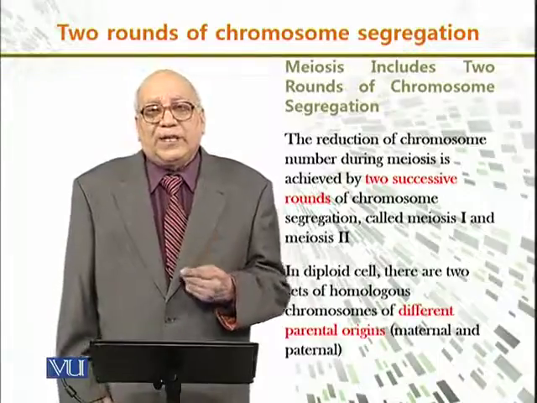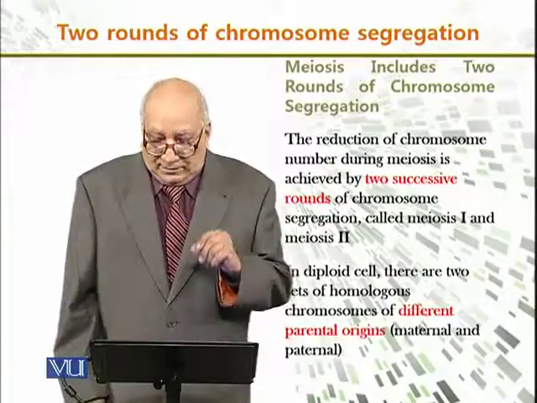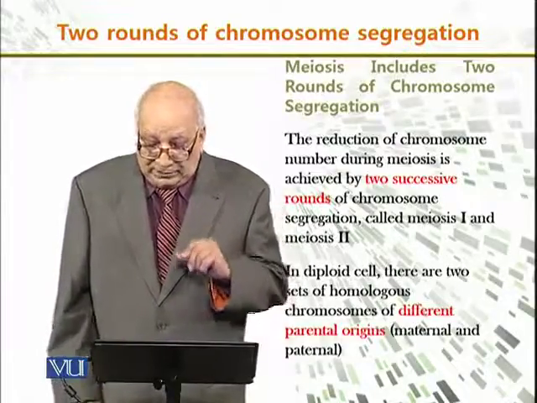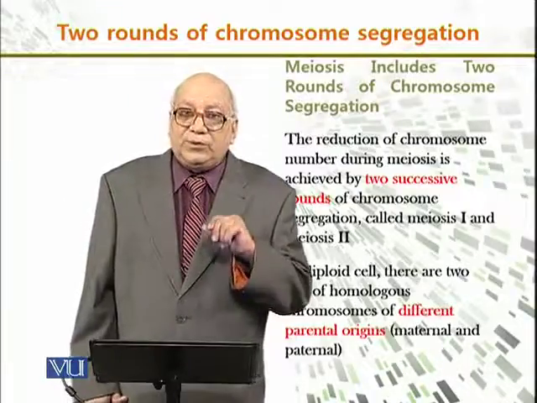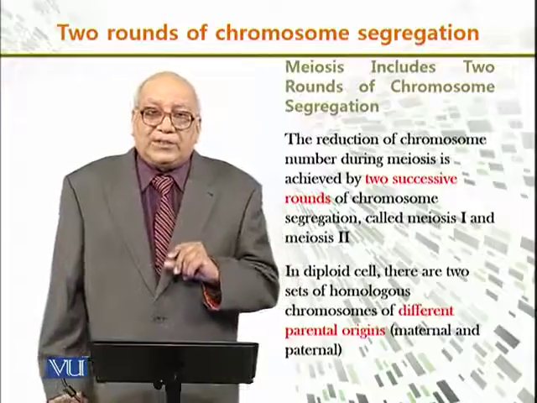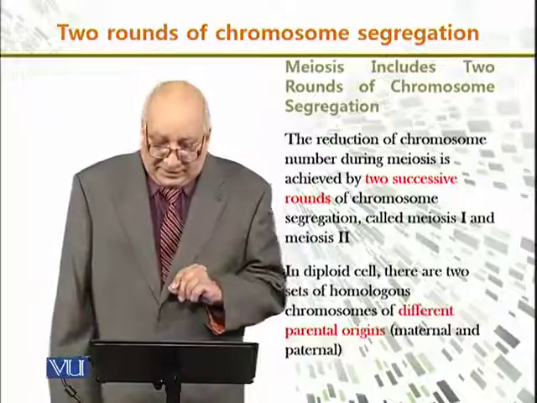ये क्रोमोसोम्स जो हैं ये किस तरह अलहदा होते हैं ड्यूरिंग द मियोसिस. The reduction of chromosome number during meiosis is achieved by 2 successive rounds. 2 इसके साइकिल होते हैं, 2 राउंड्स होते हैं जो कि एक के बाद दूसरे चलते हैं.